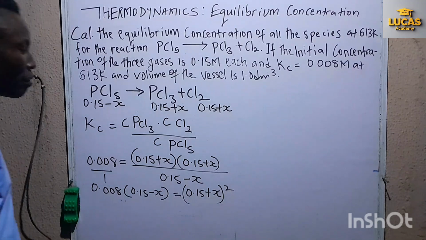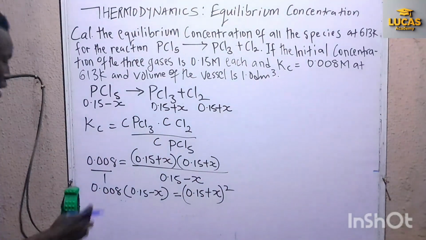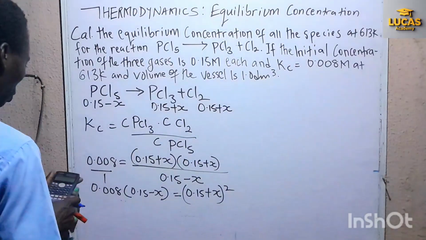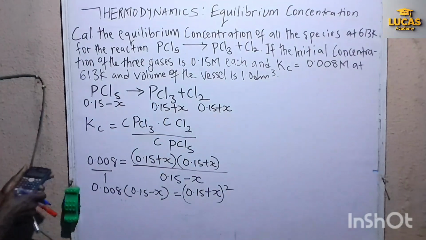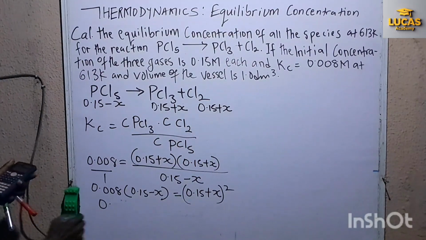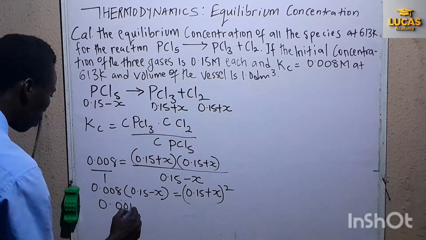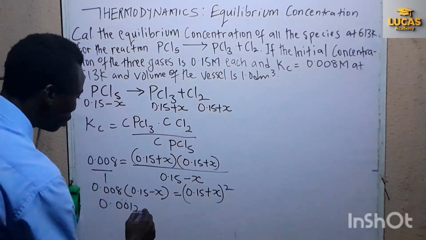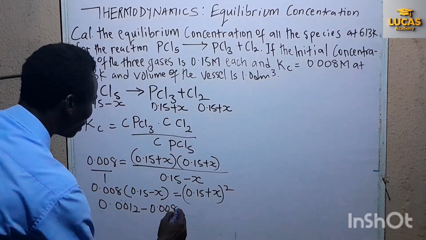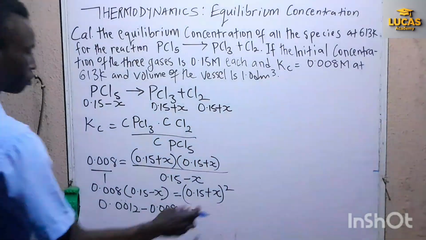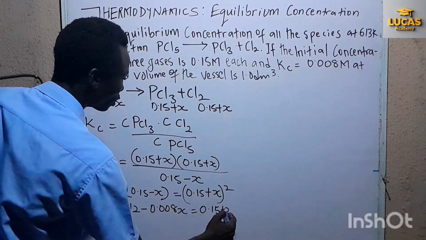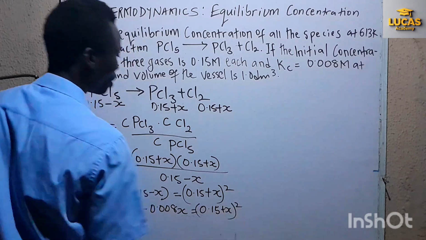Now, from what you have in this place, you are going to use this one to open this bracket. That will give you 0.0012 minus 0.008x equals this one that you have in this place, 0.15 plus x, then square.